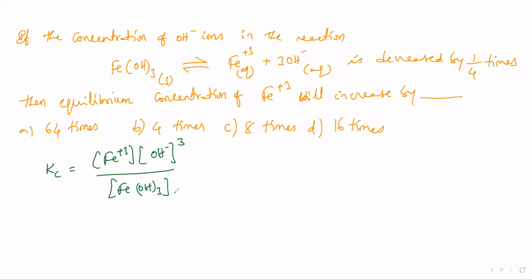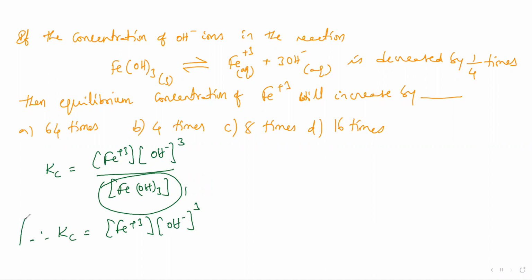So generally solid concentration is considered as unity. That means this entire term becomes 1, because the concentration of a solid is always considered as unity. So finally what does Kc become here? Concentration of Fe plus 3, concentration of OH minus whole cube. So this is actually the expression for Kc.